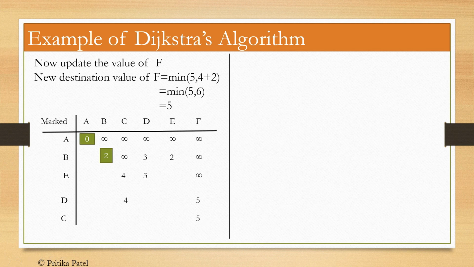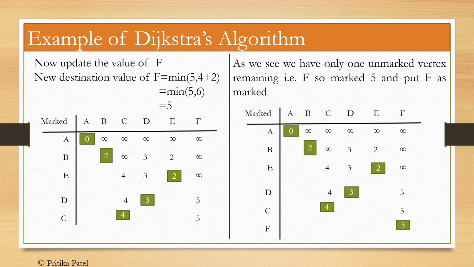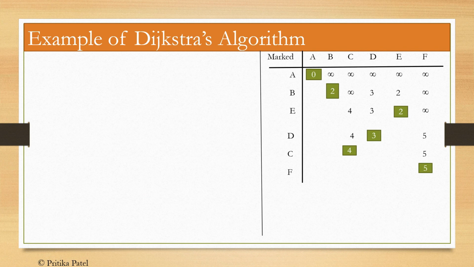As we have only one unmarked vertex remaining, that is F, we mark 5 and put F into the marked vertex list. So we have covered all vertices. So step number 3 is over.